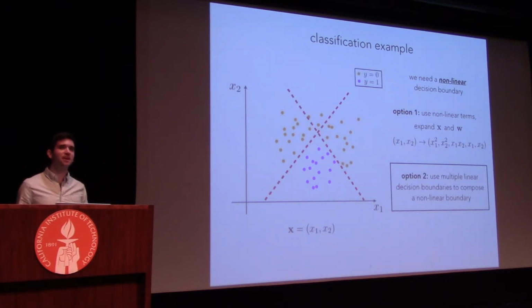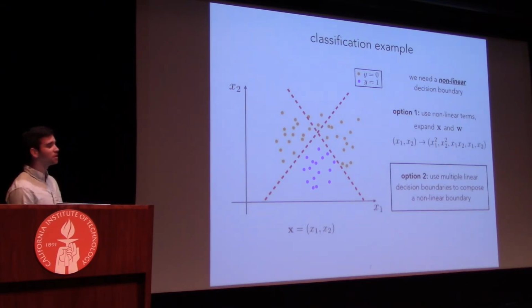Another option would be to say, hey, I could split this up if I had another line. If I had another linear decision boundary, I could cut the space up and actually separate out these 2 classes of points. So this is another equally valid way of forming a nonlinear decision boundary.